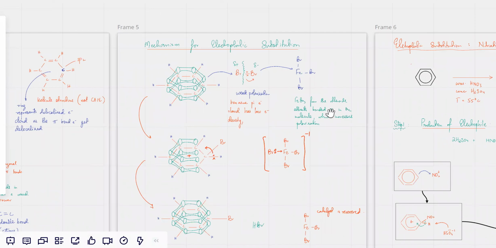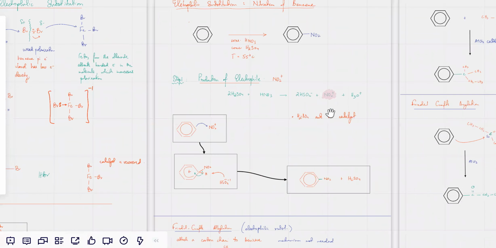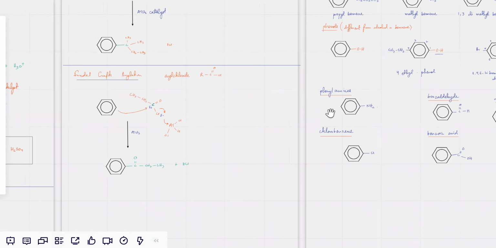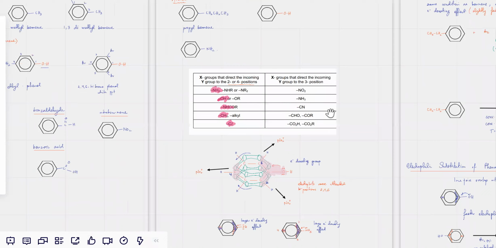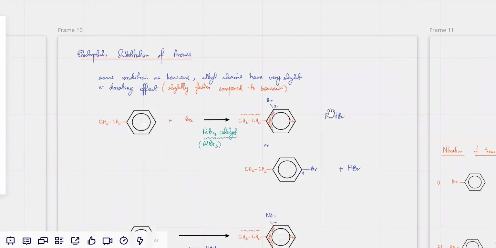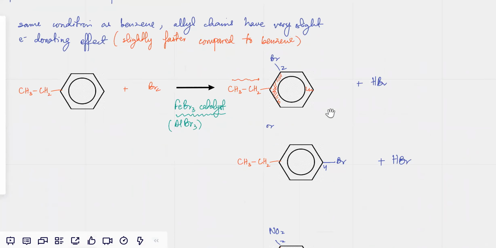You needed a catalyst, but there were other types of benzenes which were way more activated. So for example, we did the electrophilic substitution of arenes, and if you added bromine, the bromine would get attached to position number 2, 4, or 6 because it's an electron donating group. But even in that case, you needed a catalyst.